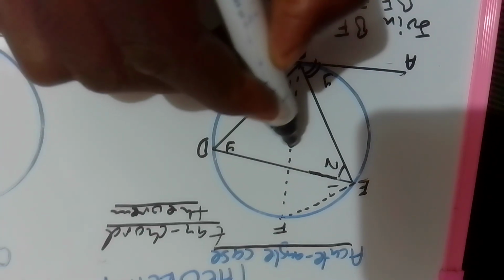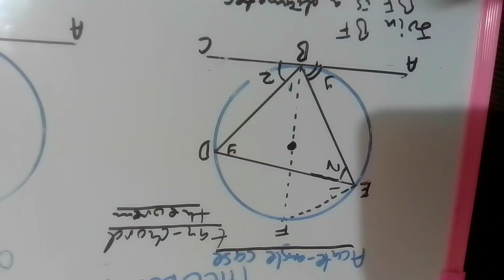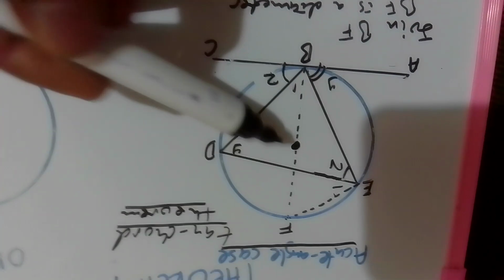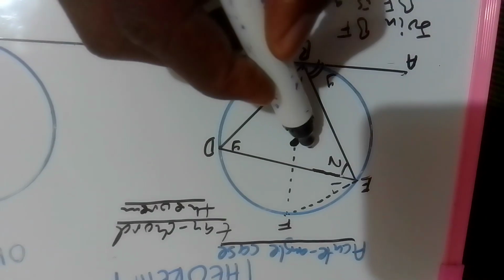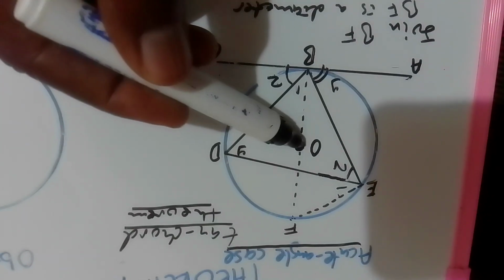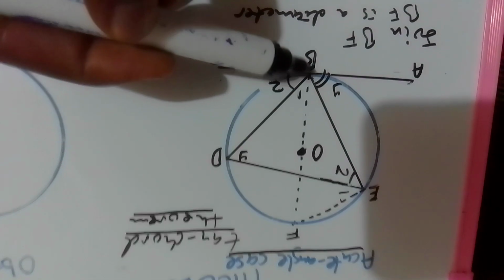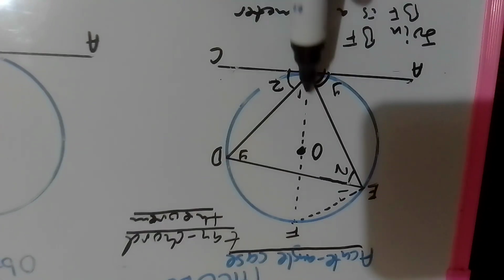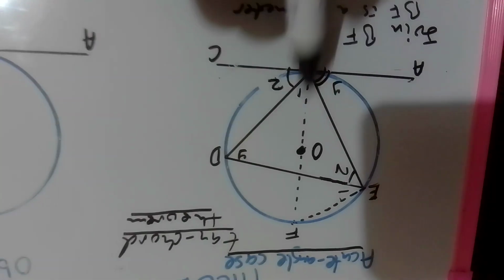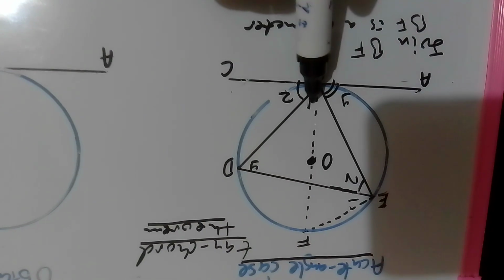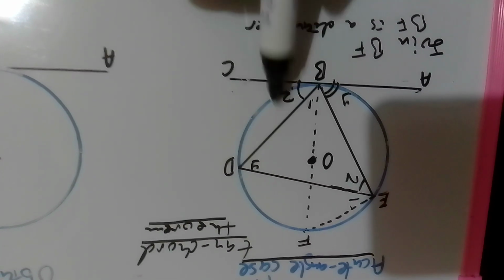Let's remember, this dot which I'm remaking is the center. And from the center, let's call it point O. From the center to point B, this is a radius. And there is a tangent. So a tangent which is perpendicular to the radius gives us 90 degrees, which means that angle B1 plus angle B2 is equal to 90 degrees.